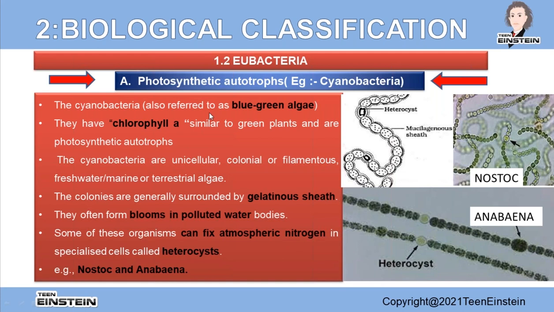An example for photosynthetic autotrophs is cyanobacteria. Cyanobacteria are also known as blue-green algae.